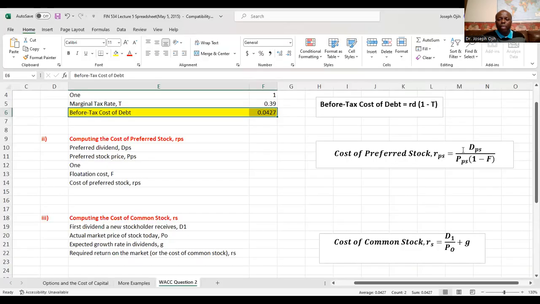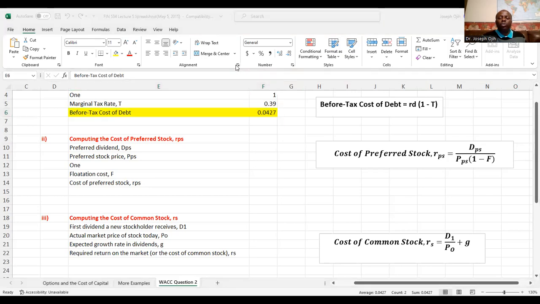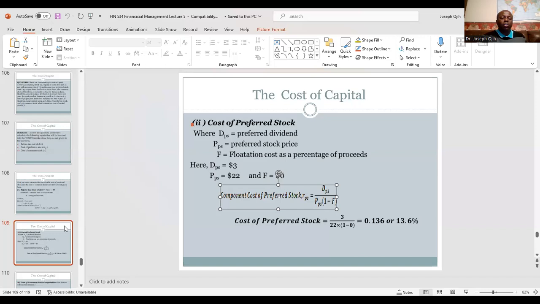DPS, which is preferred dividends, divided by PPS, which is the preferred stock price, times 1 minus the flotation cost, F. Now, in this particular problem, there is no flotation cost, because this is not a new stock issue. This is not an IPO, initial public offering. So really, they don't have a flotation cost.